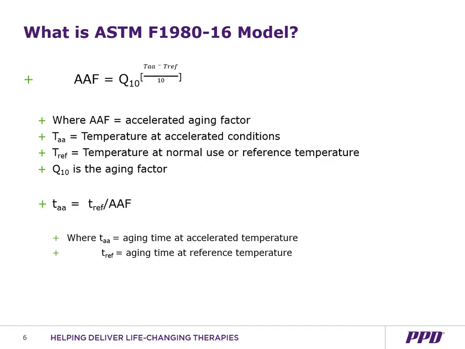That Q10 aging factor we will explore more with some of our empirical data. And then you can relate this to study duration, as shown at the bottom of the slide there, where the aging time at the accelerated temperature is equal to the aging time at the reference temperature divided by that accelerated aging factor. So this then allows us to correlate time and temperature together.